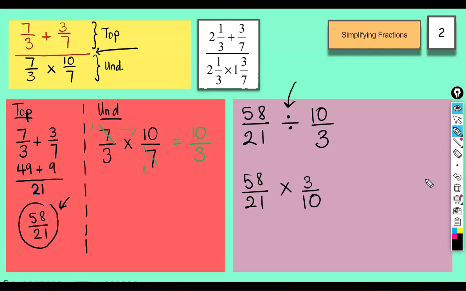A couple things, in fact. Yeah, 3 into 3 is 1. 3 into 21 is 7. And then the 2's. 2 into 10 is 5. 2 into 58 is 29. So we divide both of these by 2, or reduce them by 2.